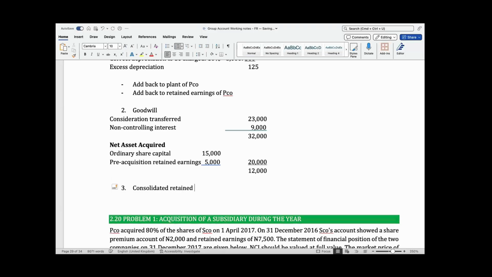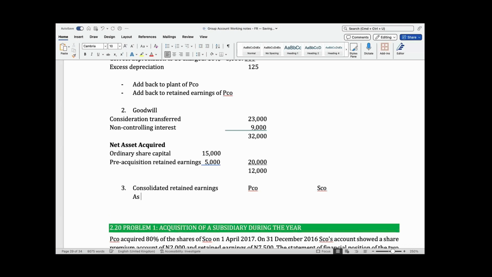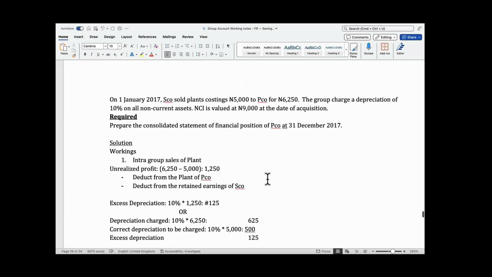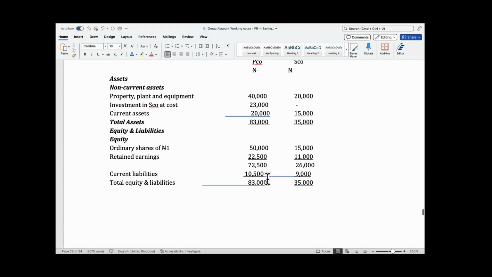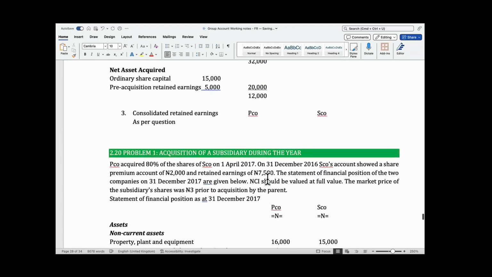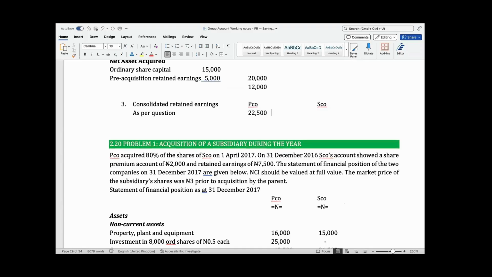Then consolidated retained earnings of PICO and ESCO. As per the question, 22,500 and 11,000.